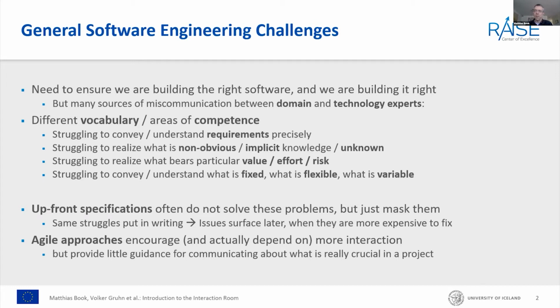Like agile methods tell you about like having sprint meetings, having daily meetings, and so on. So they encourage you to talk a lot, but they don't really tell you what to talk about. And this is where the interaction method should come in to give people a bit of a guidance on what they should be talking about.